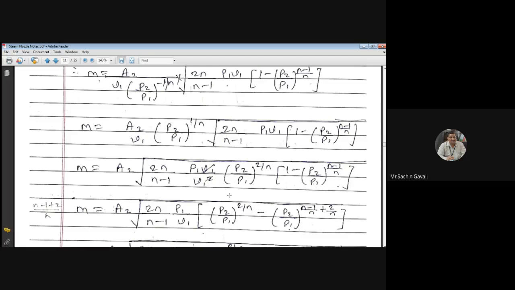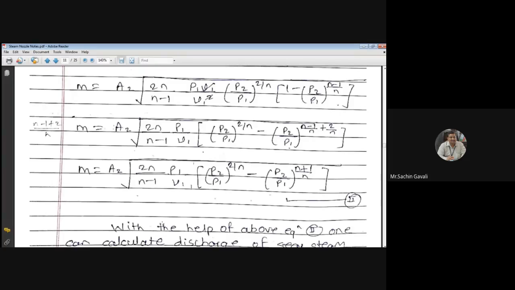Then p2 upon p1 raised to 2 upon n, minus p2 upon p1 raised to n minus 1 upon n plus 2 upon n. Finally we get this equation: m is equal to a2 into the square root of 2n upon n minus 1 p1 v1 into bracket p2 upon p1 raised to 2 upon n minus p2 upon p1 raised to n plus 1 upon n.